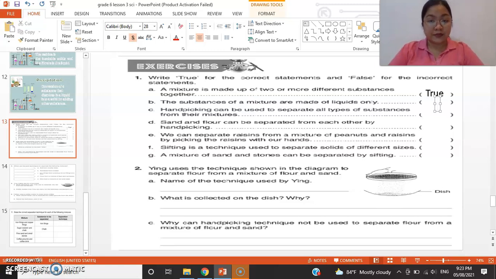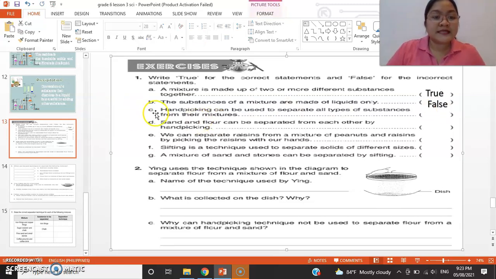Is it true or is it false? 5, 4, 3, 2, 1. The answer is false. Alright, very good. Again, we can have a mixture that is both solid and liquid, not liquid only, not solid only.